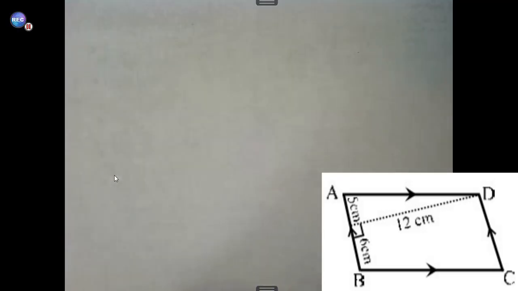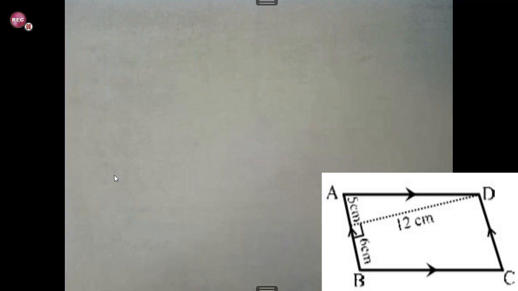So with the parallelogram, as you can see at the bottom here, it's got a height of 12 centimeters, and at the bottom it's split up the side AB into 5 centimeters as well as into 6 centimeters. So what we are sitting with now is a height.